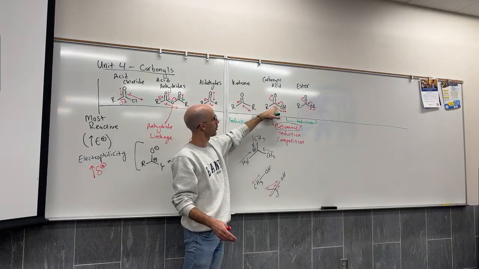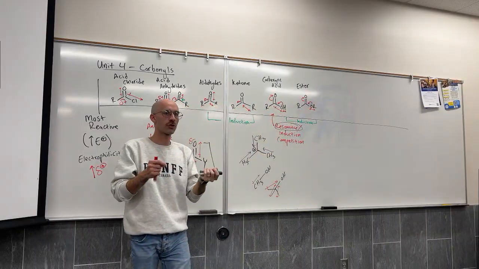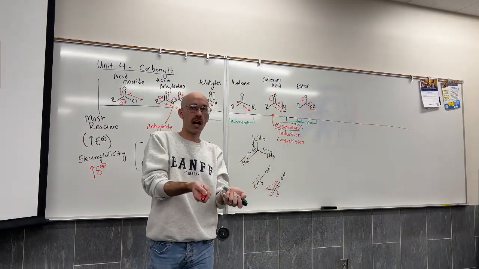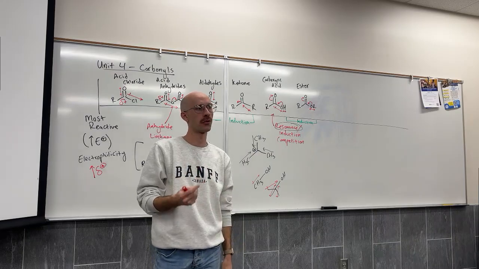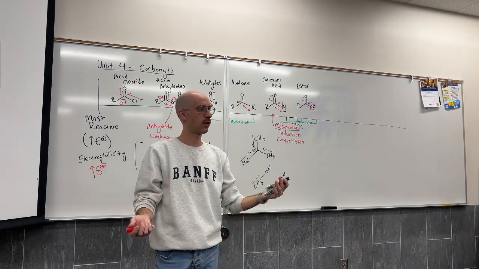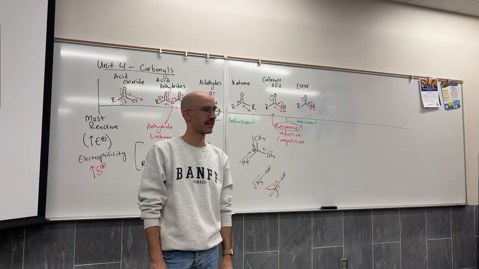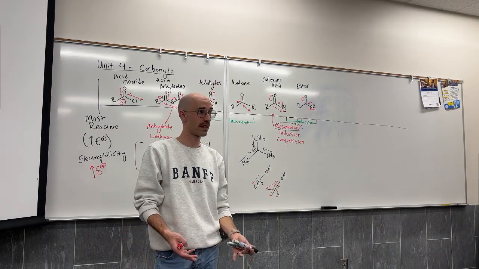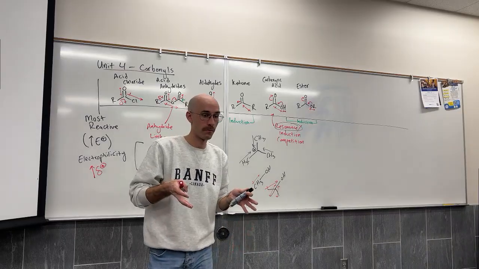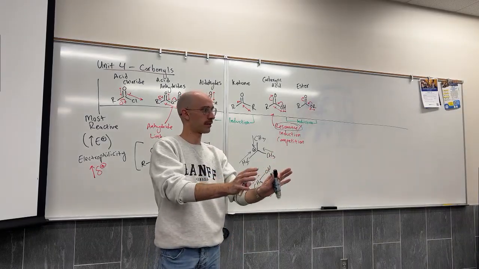Oxygen can donate electrons through resonance in both of these. Which group supports oxygen donating its electrons better? A hydrogen or an alkyl group? The alkyl group supports that better because the alkyl group pushes on the oxygen's electrons with more electron density.